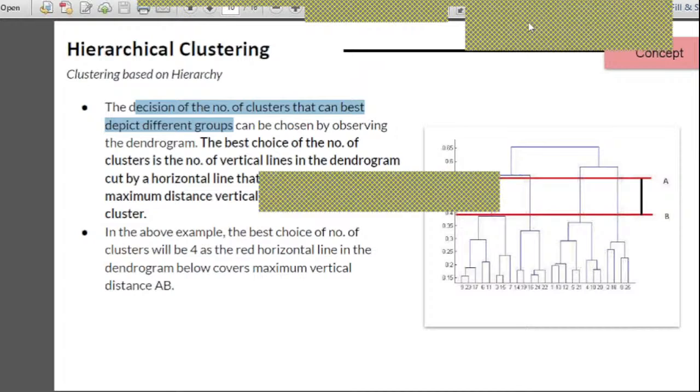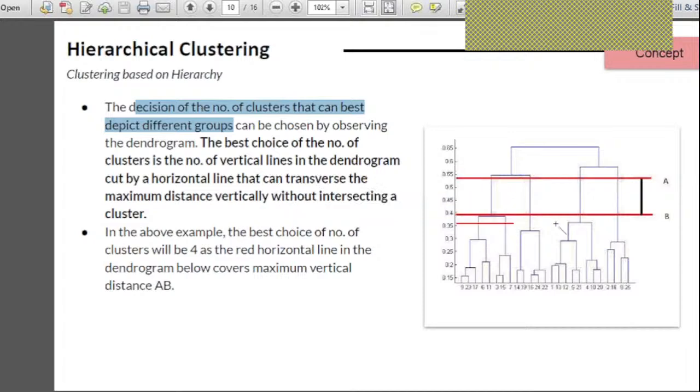Let's say I draw this line and then this line, right, wherever the distance between the parallel lines can be maximized, for A and B it can be maximized.